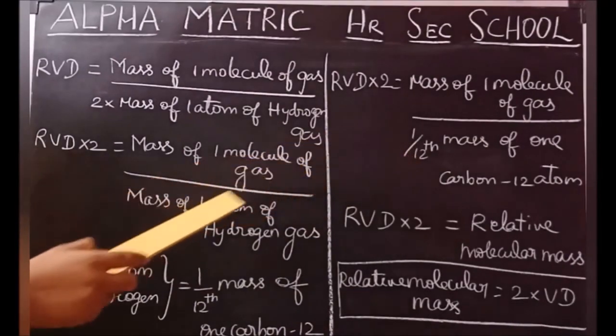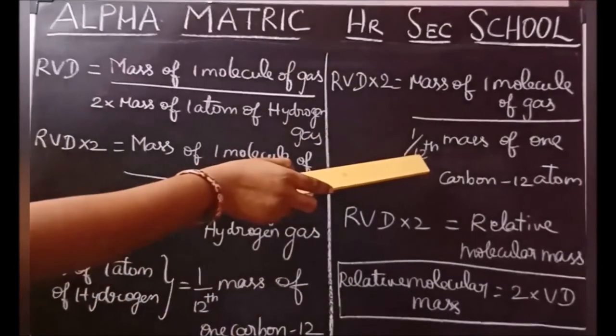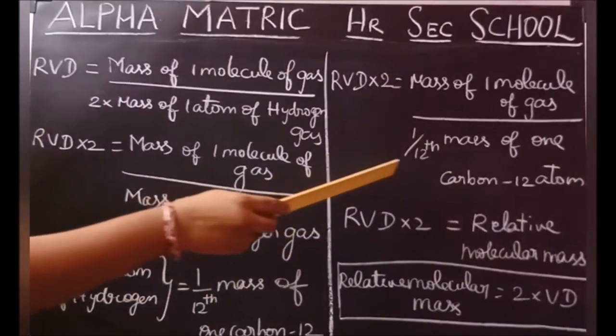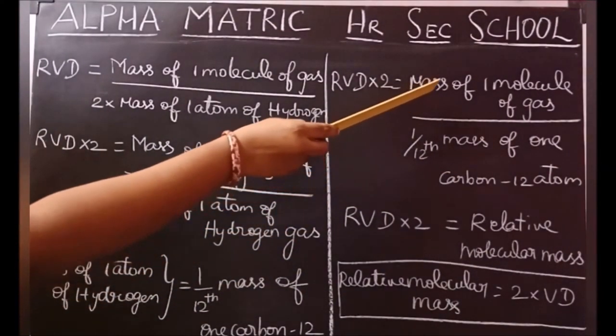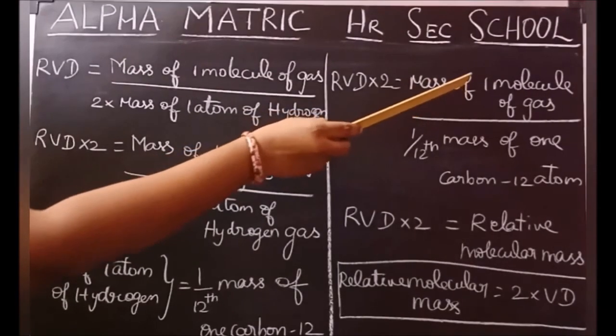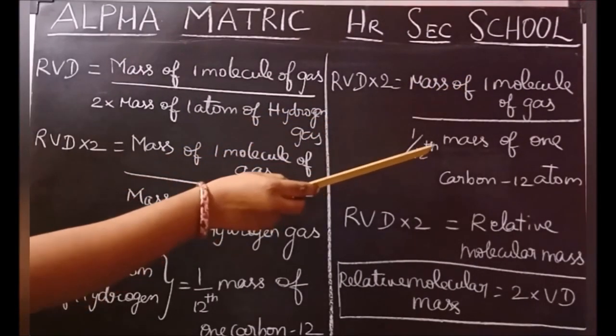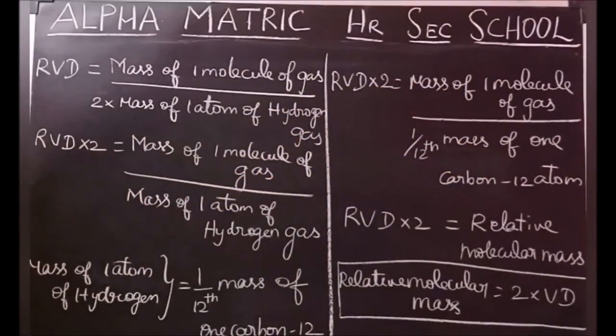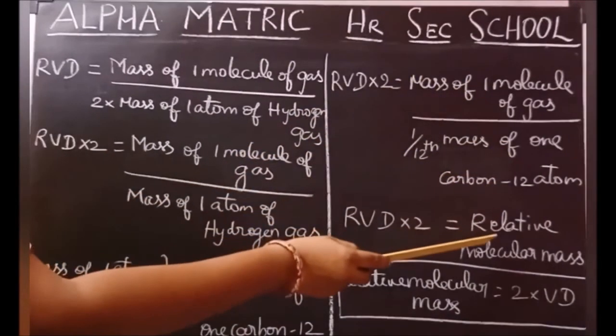Here it is replaced by 1 by 12th mass of one carbon 12 atom. And this ratio of mass of one molecule to the 1 by 12th mass of one carbon atom is known as relative molecular mass.